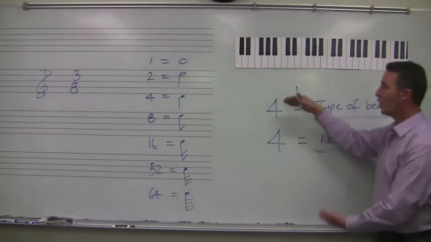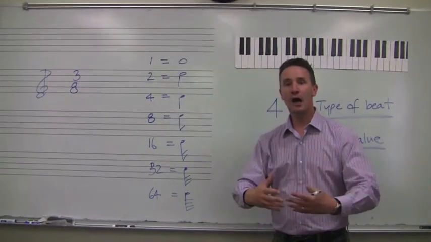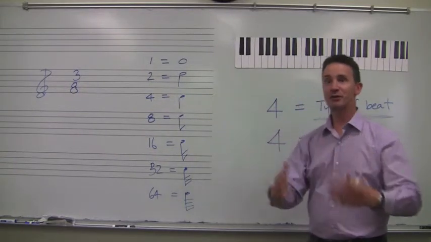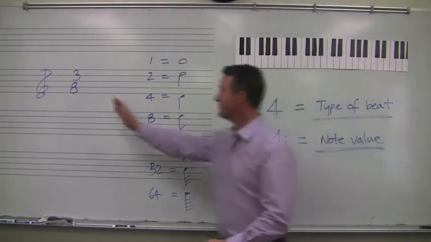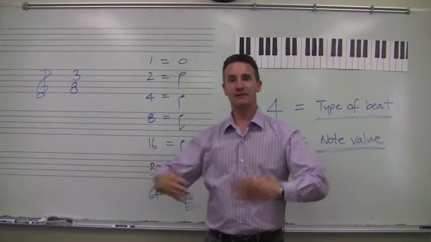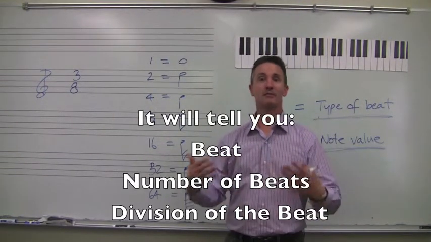These two things in combination with each other tell you how your time is going to be organized in each measure. It gives you a snapshot. It says to you that for any one measure in this time, you're going to have the following criteria in place. The following things are going to have to happen. The following things are going to be important.